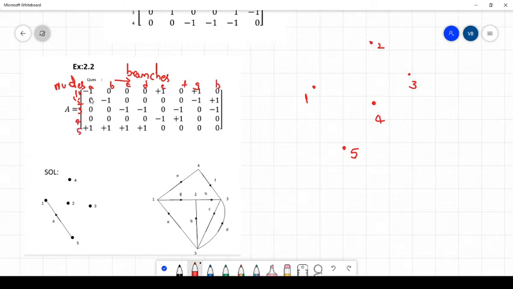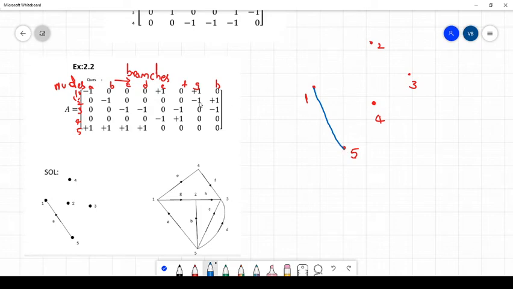Branch A has a value of -1 for node 1 as well as node 5. Nothing but this branch A is connected in between node 1 and node 5.